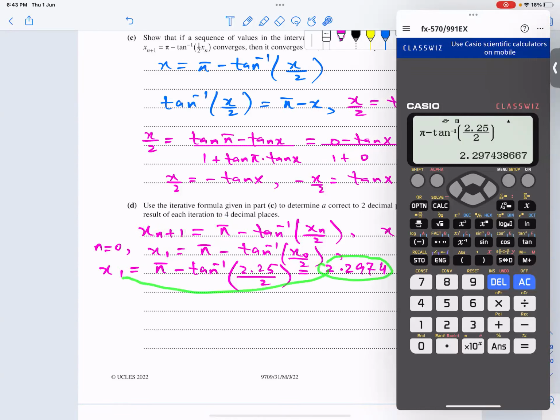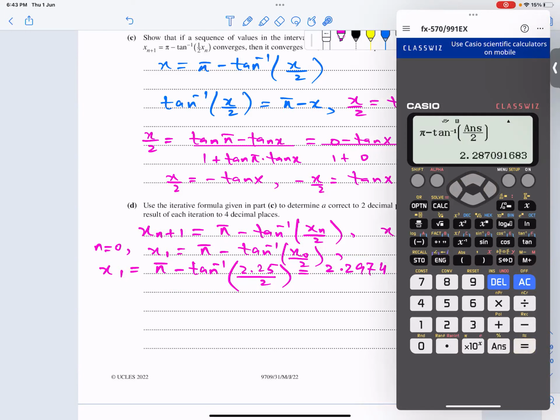And x1 is actually this answer. The short way to do this is to move the cursor to 2.25 and replace this value with Ans, which means the answer of the last iteration, and that was x1. Now press equal.